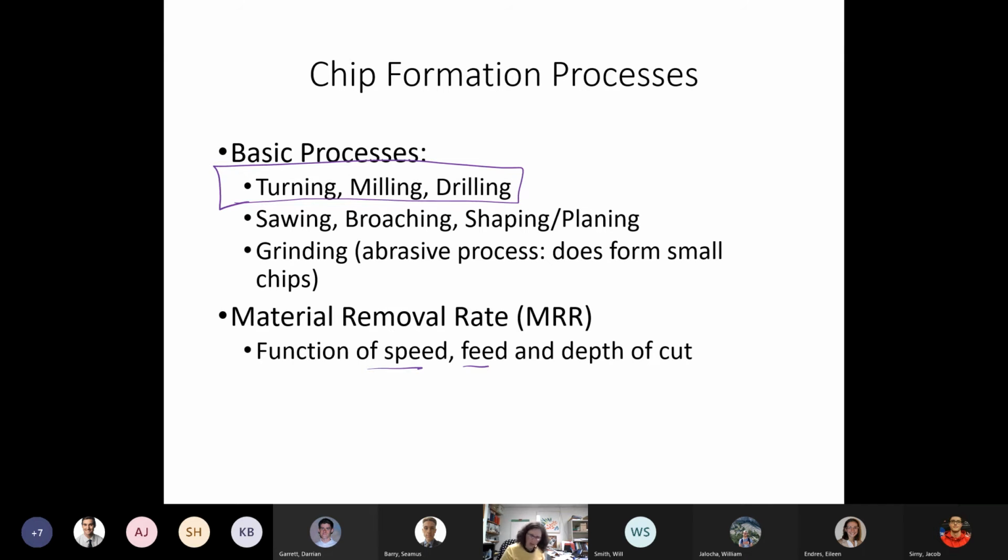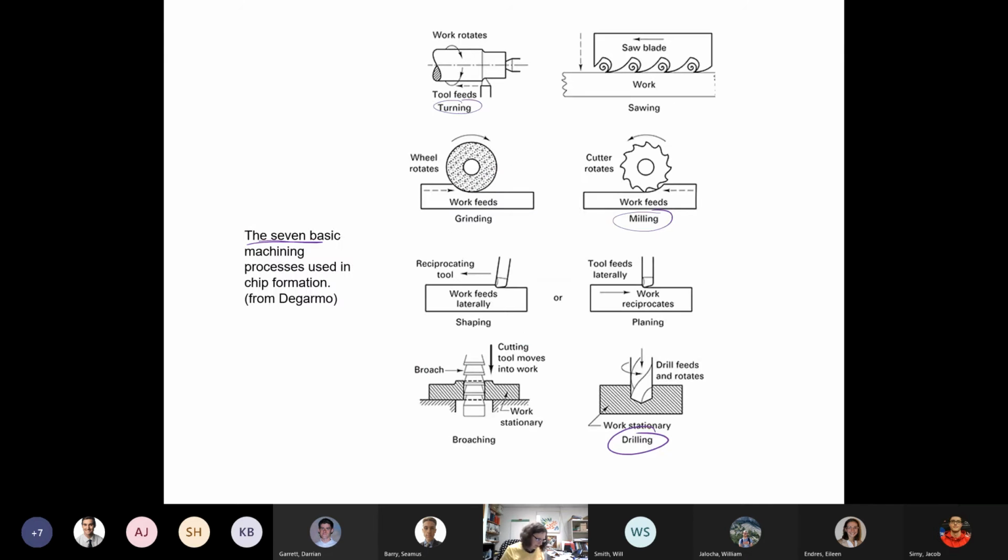So if I look at a turning operation, in turning, the workpiece rotates and the tool moves into the rotating workpiece.